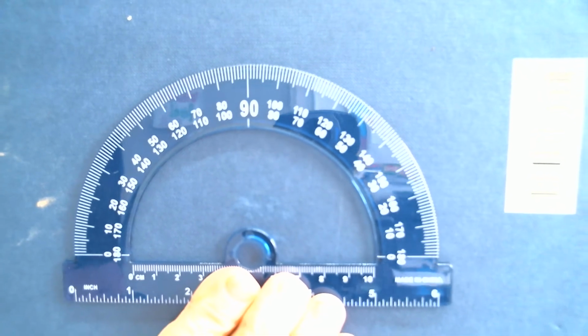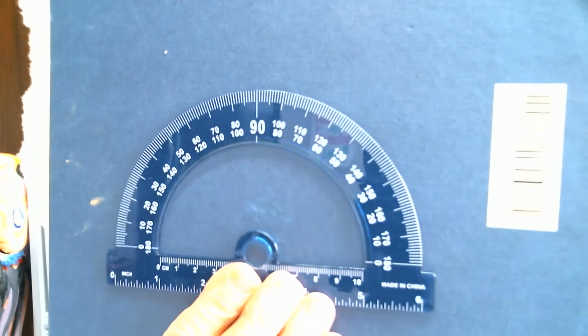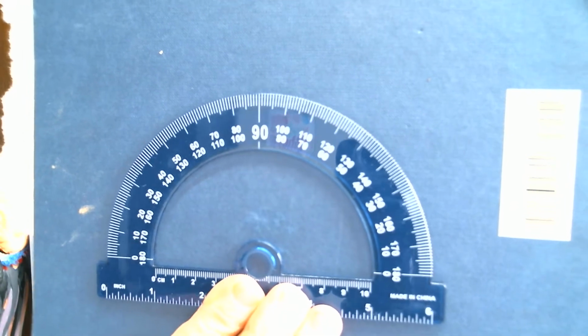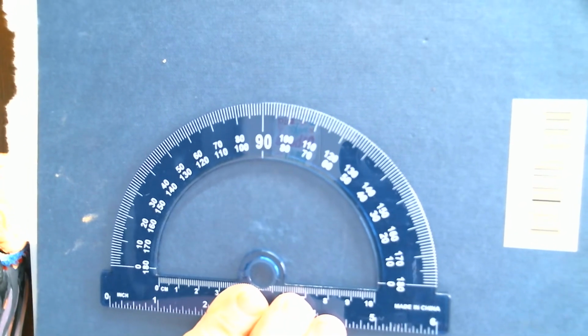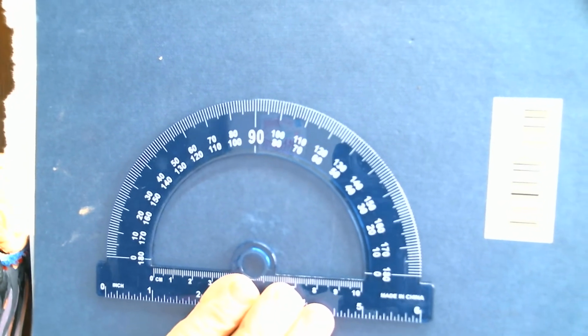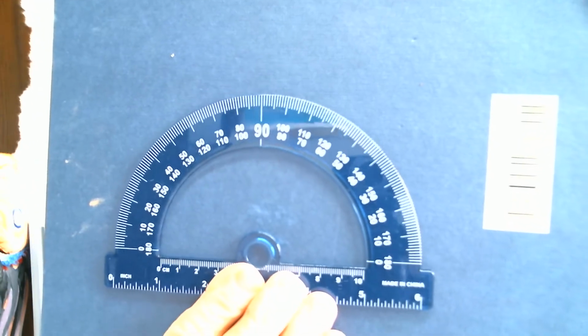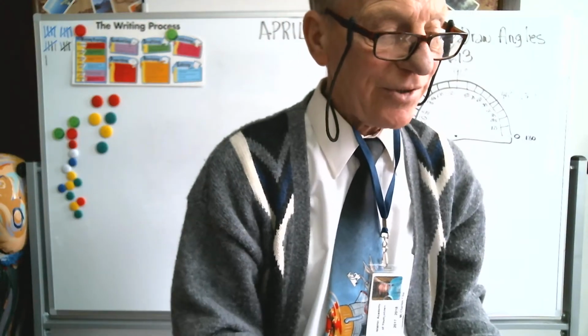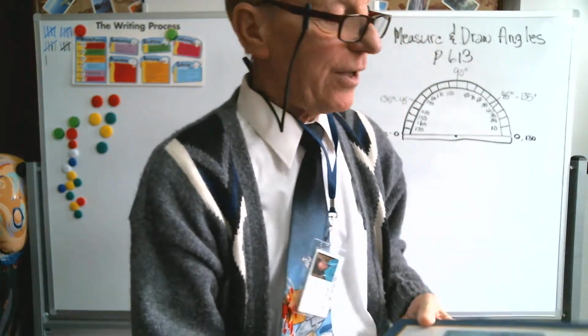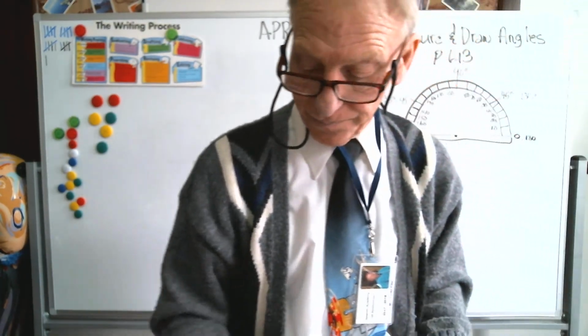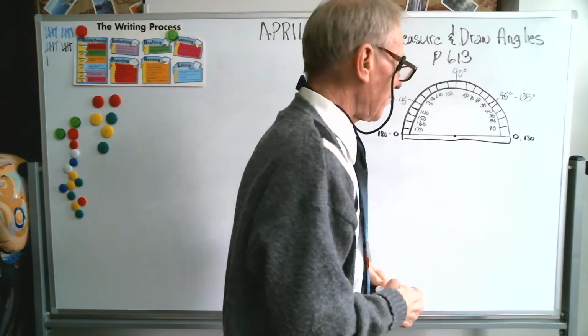But as you move through the different numbers, you can see that when you go from 0 to 10 degrees, it goes from 180 to 170. And as you move around a protractor, you see that relationship of the numbers. And why is that? Why do they have two sets of numbers?